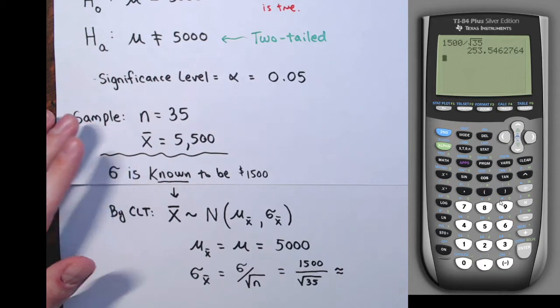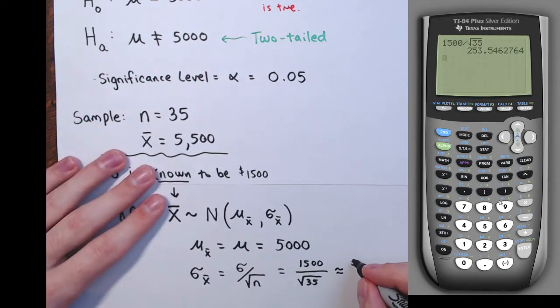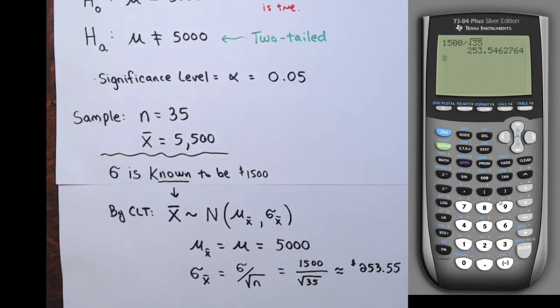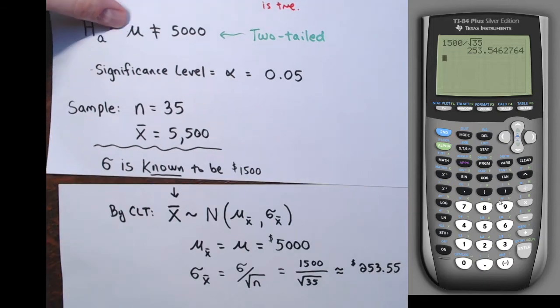All right, so it's approximately $253 and almost 55 cents there. So the standard deviation for this distribution of means is about $253.55.